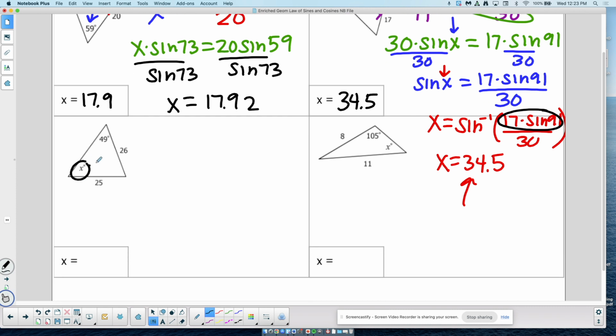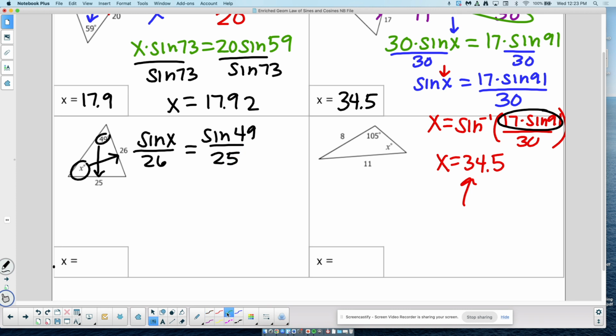So again, starting with my variable. So sine of x over 26 equals sine of 49 over 25.